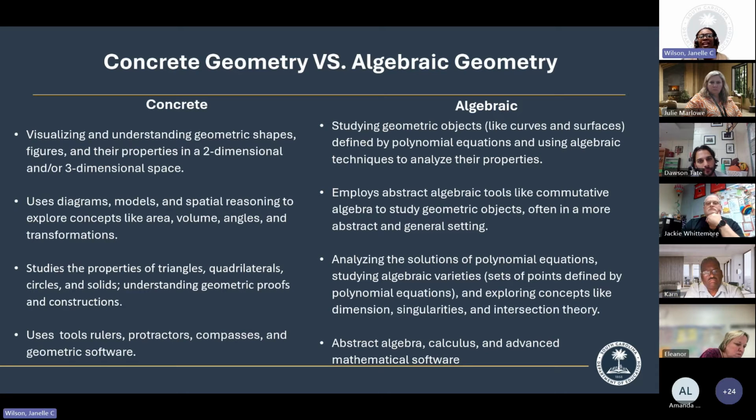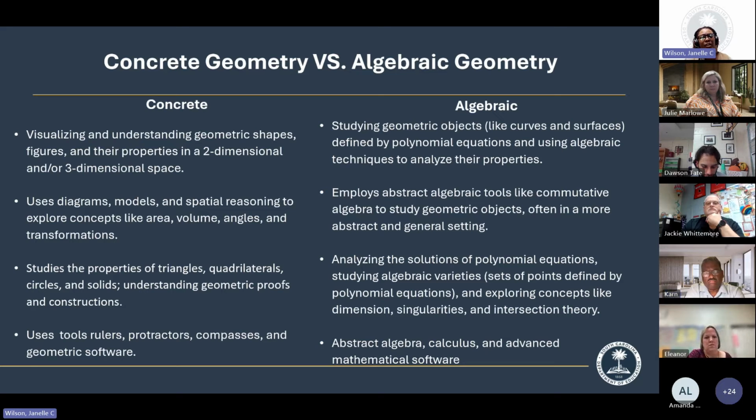All right. Algebraic, you have studying geometric objects like curves and surfaces defined by polynomial equations and using geometric techniques to analyze their properties. It employs abstract algebraic tools like commutative algebra to study geometric objects, often in a more abstract and general setting.